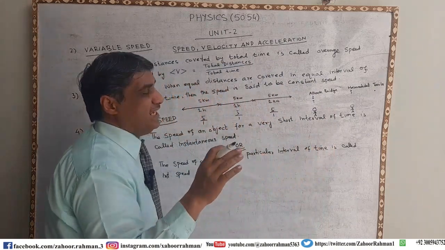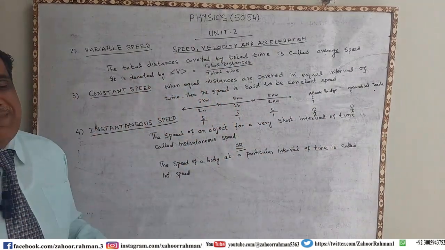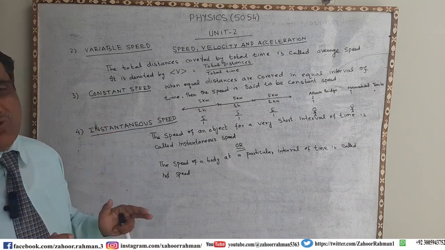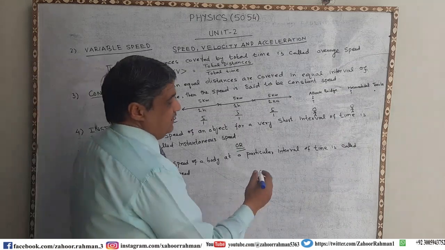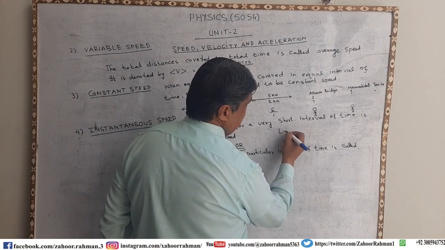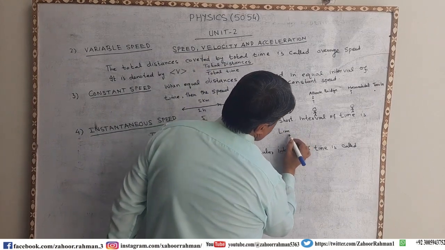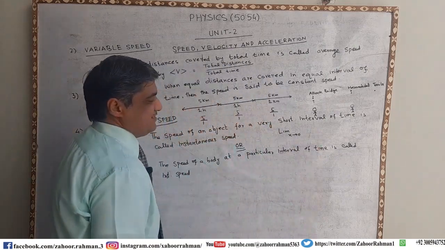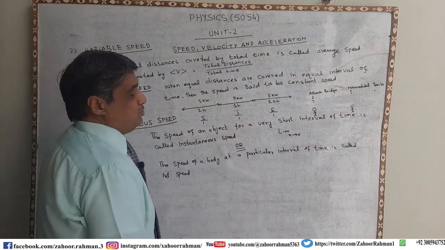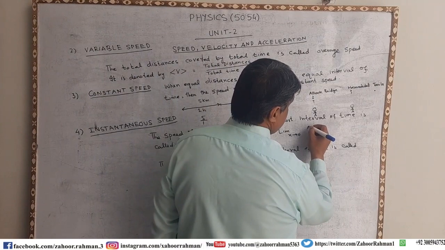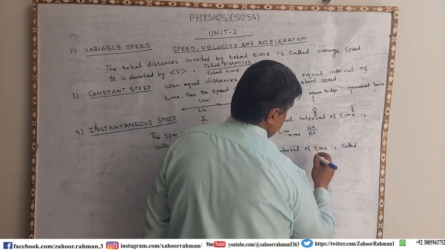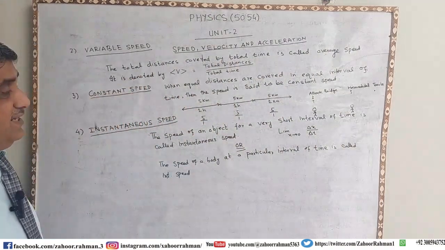If you are taking the speed limit, distance turns to zero, we are writing the limit x turns to 0. x is a distance. So delta x divided by delta t, the very short interval of time.